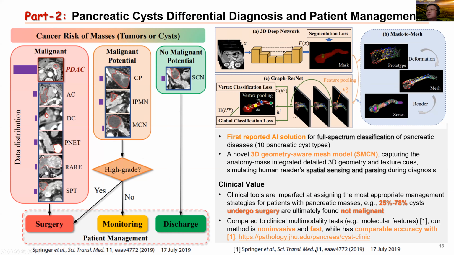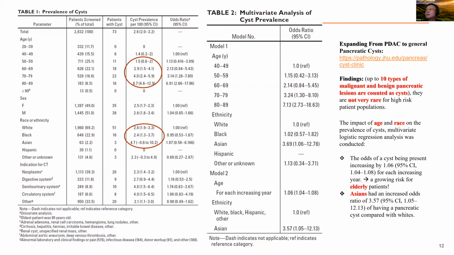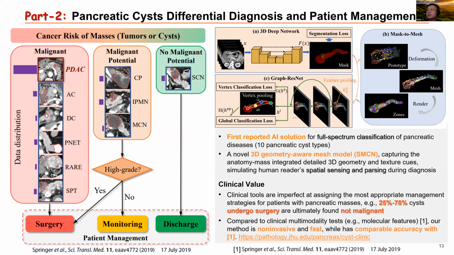They published in Science Translational Medicine in 2019. It's a very dedicated procedure, including a lot of magic things, but they are not really fully translatable or reproducible. Our method is fully translatable because we only need imaging.